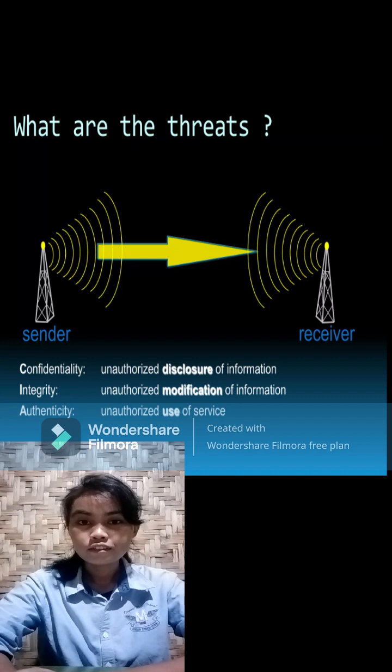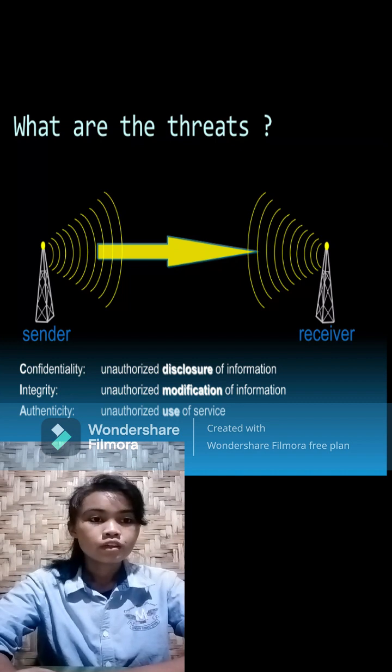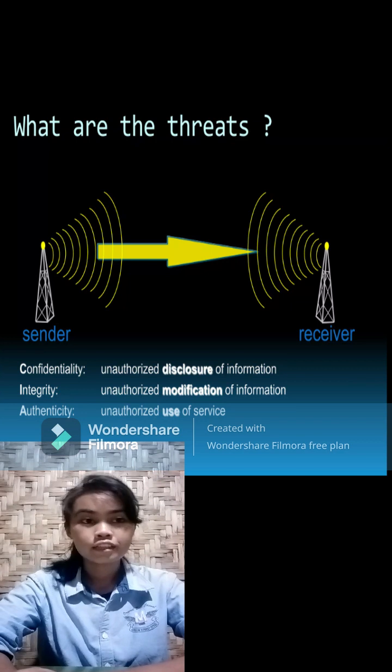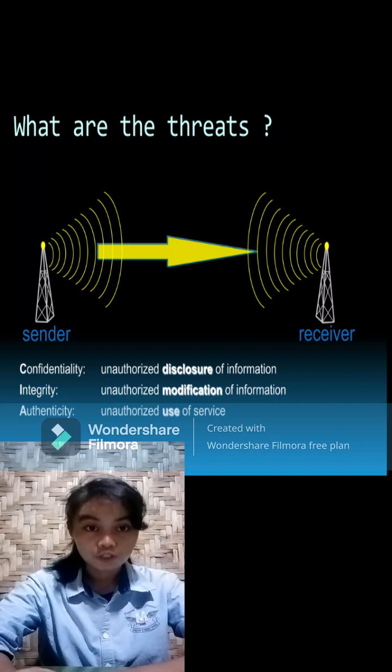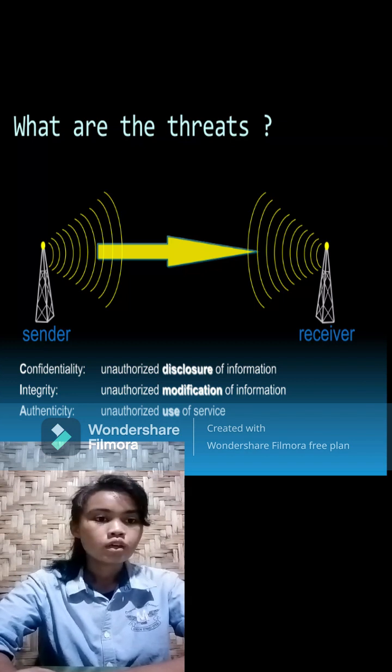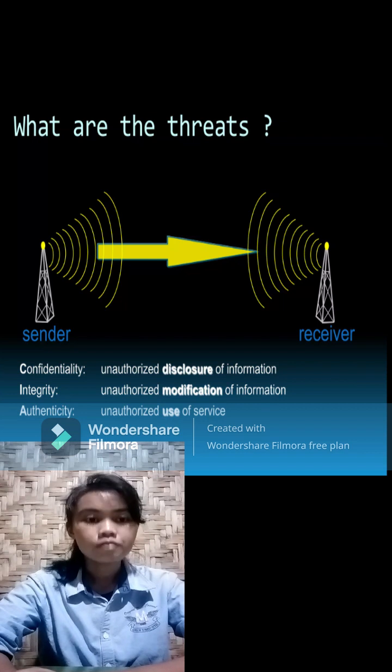As you can see here in this picture, they're transmitting data from sender to receiver. Confidentiality: unauthorized disclosure of information. Integrity: unauthorized modification of information. Authenticity: unauthorized use of service.